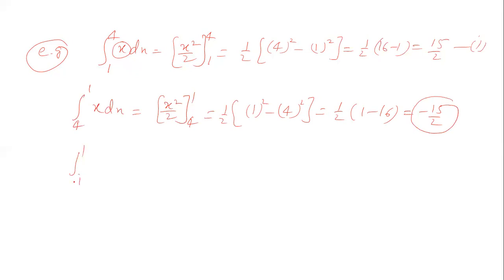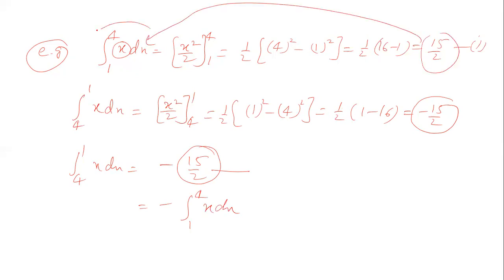Substitute the value of 15 upon 2 from equation number 1. So we conclude that on interchanging the limits, the value remains the same, only its sign changes.